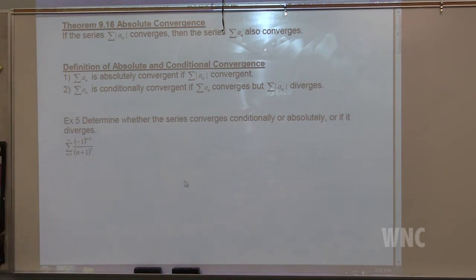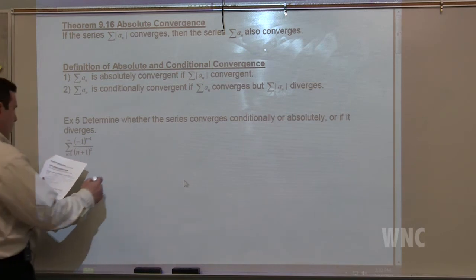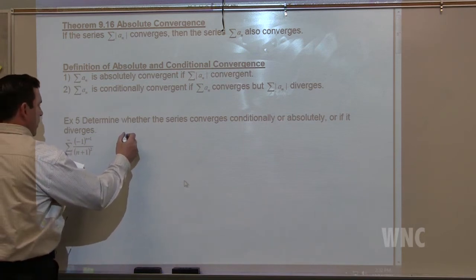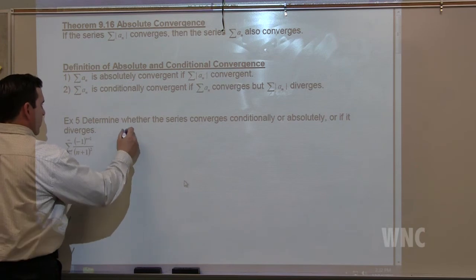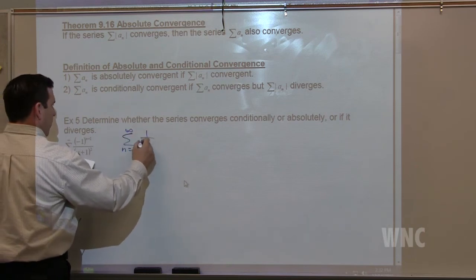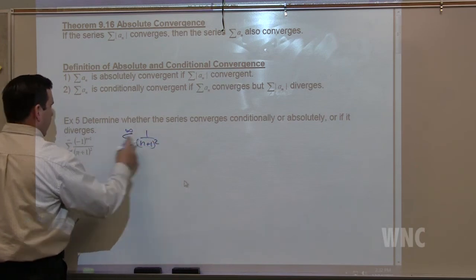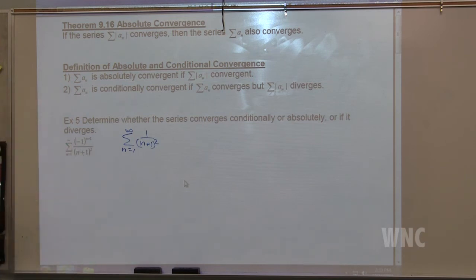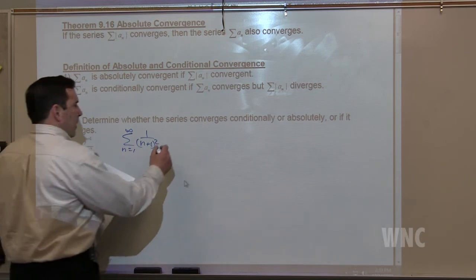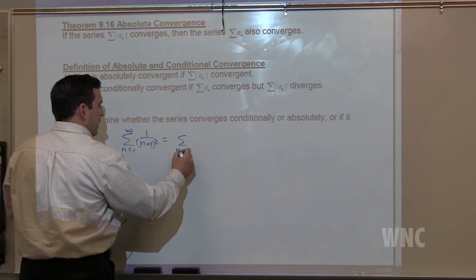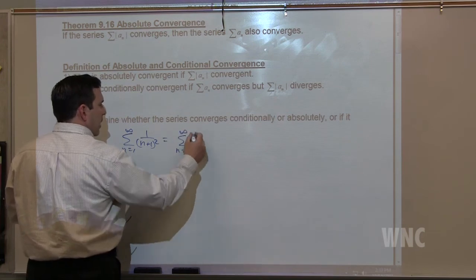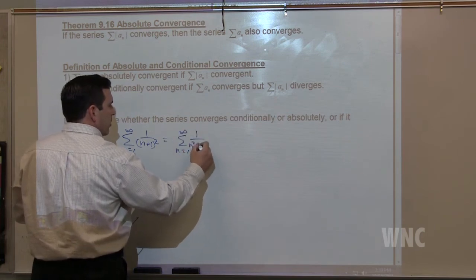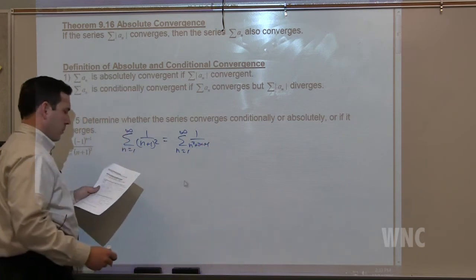Okay, determine whether the series converges conditionally or absolutely, or if it diverges. Well, first of all, look at the following. The sum as n goes from 1 to infinity of 1 over n plus 1 squared. If we get rid of this negative 1 to the n plus 1, that would be the sum, as n goes from 1 to infinity, of 1 over n squared plus 2n plus 1.